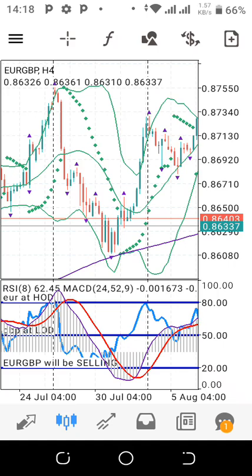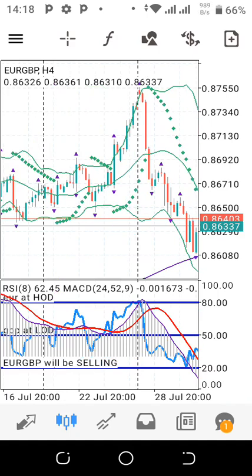Stability means that it hardly fluctuates, hardly ranges, but it is a very consistent pair. And when it breaks out, very good. So that is it. Thank you very much.